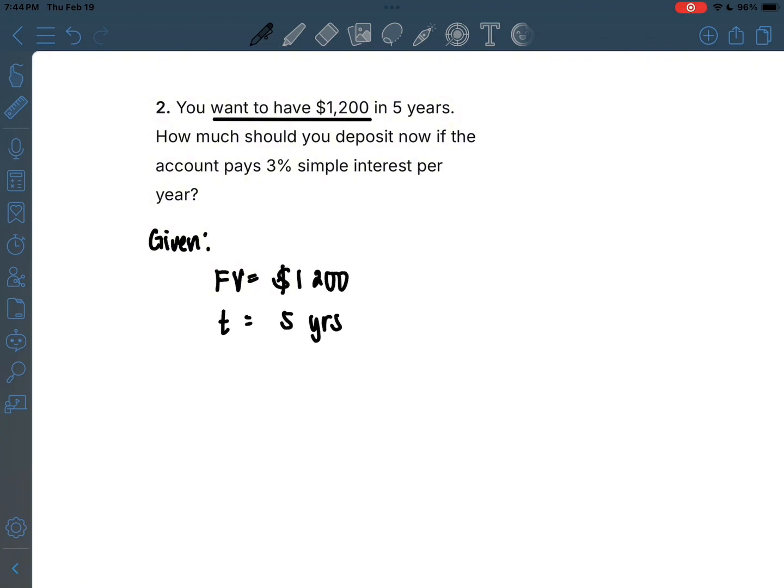How much should you deposit now if the account pays 3%? Your present value is unknown, so that's the thing that you will have to calculate. The account pays 3% simple interest, so 3% would become 0.03.